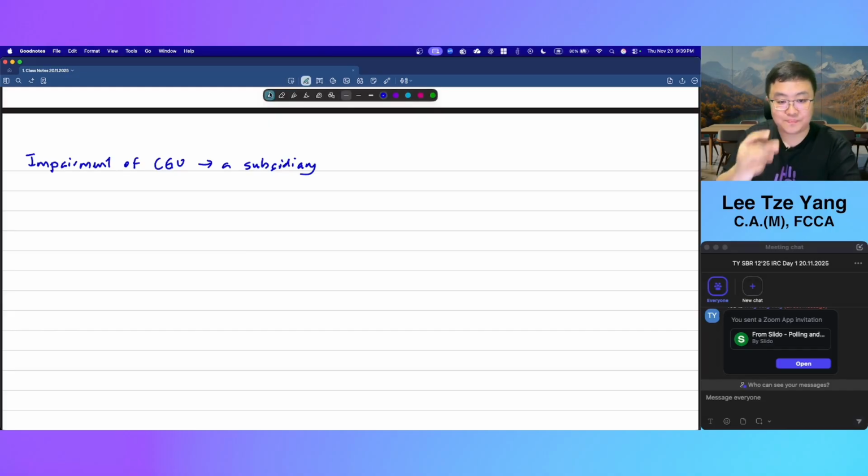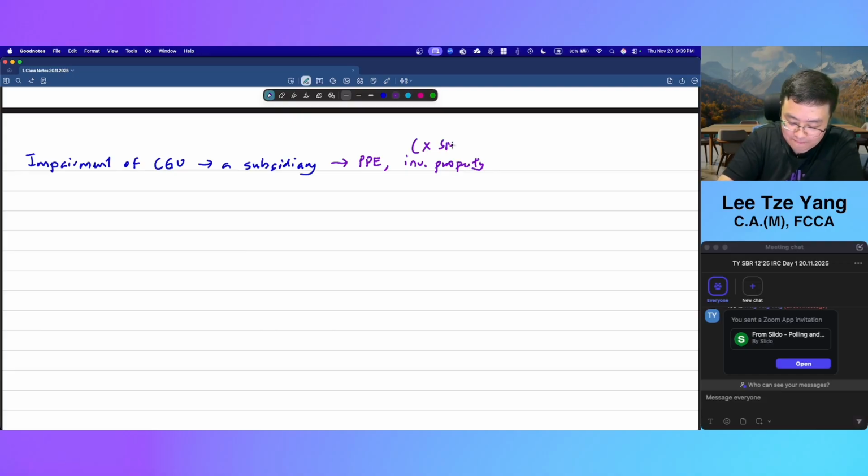Let's just say the subsidiary has PPE, and the subsidiary has investment property. The investment property is not SMBA, so it will be investing activity. Okay, there is PPE, there is also investment property. So for this investment property, make it clear, it is not SMBA.